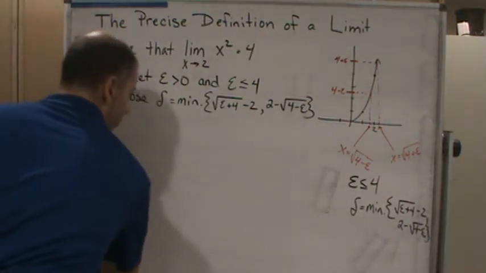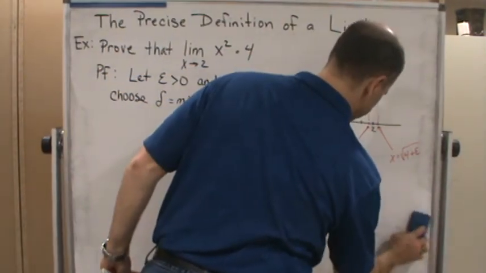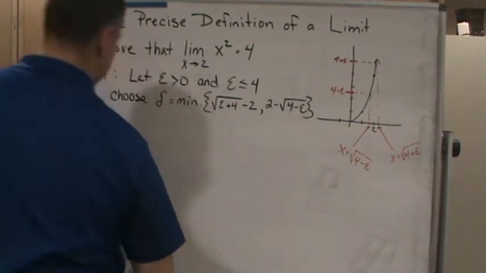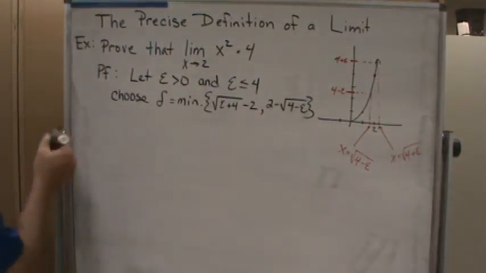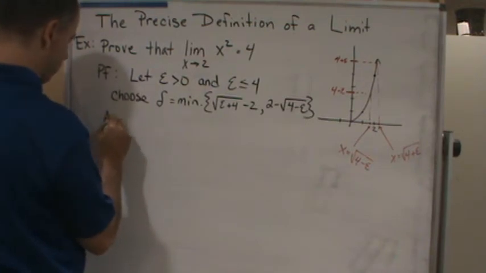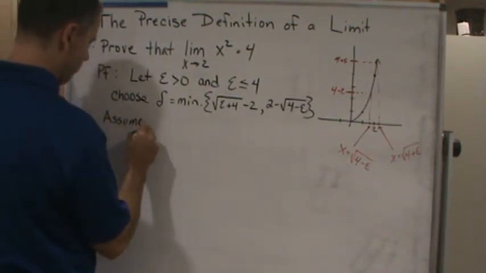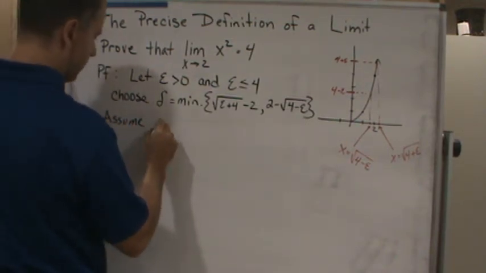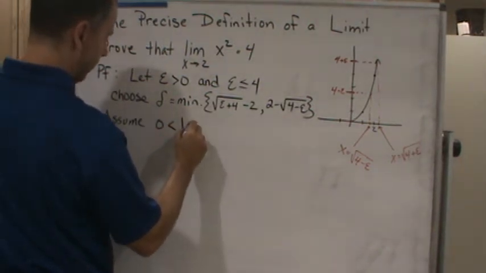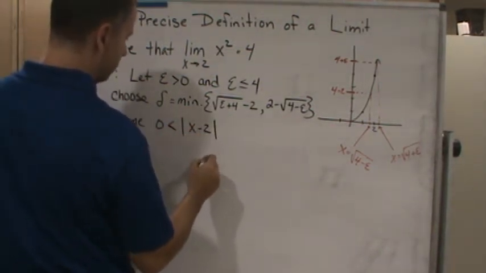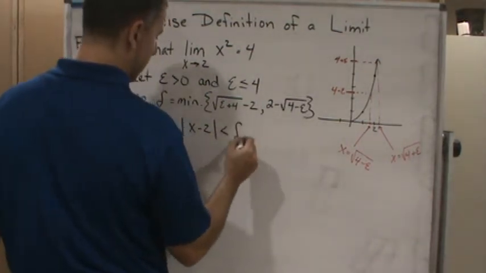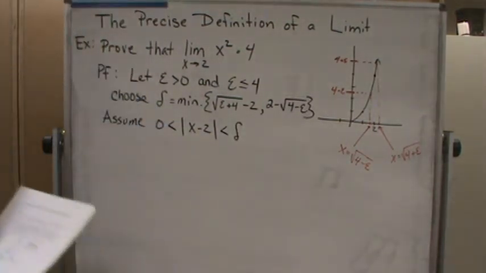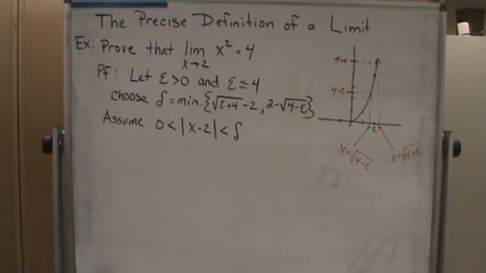Okay. Now we've got that. Okay, now assume that 0 is less than the absolute value of x minus 2, which is less than delta.